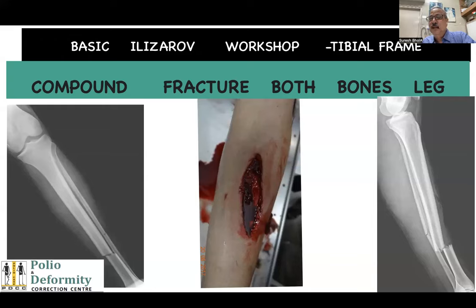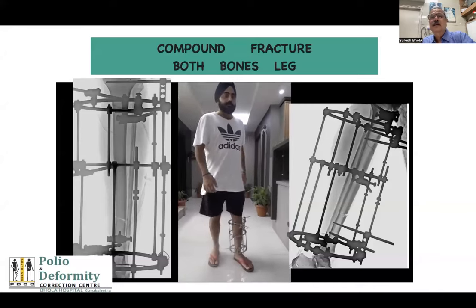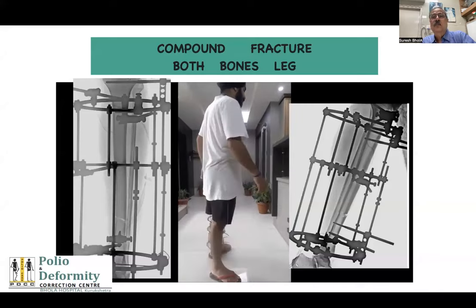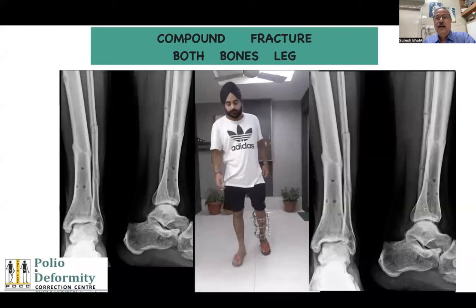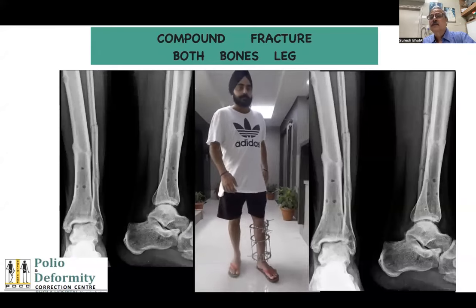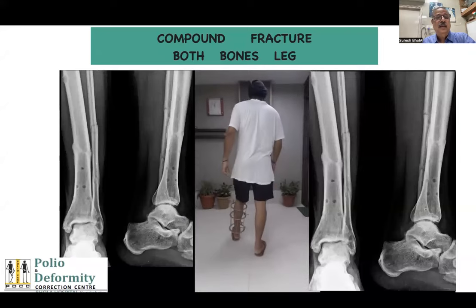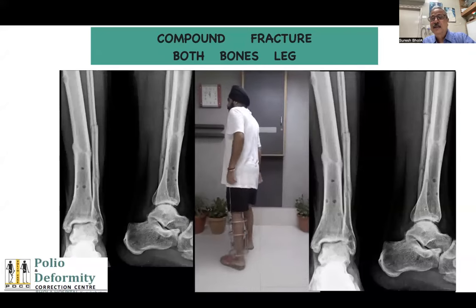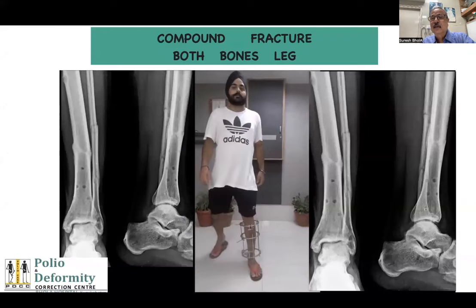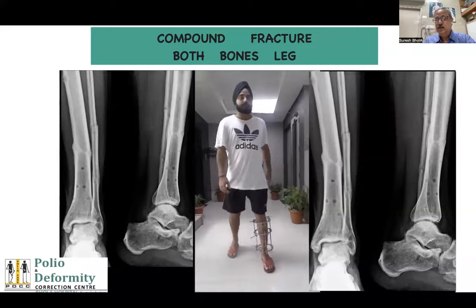And Ilizarov is an indication for both bone leg compound fracture. And along with other things, this is also one of the things which can be done. And you see, everything is in alignment, everything is in position, and the fracture has united.